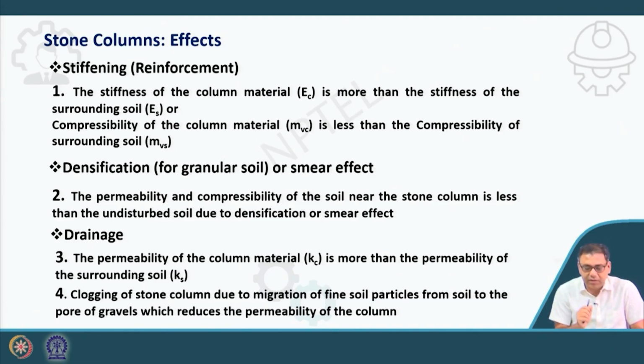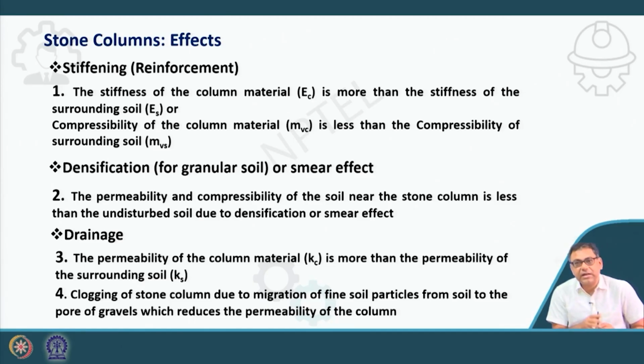The stiffness of the stone column is more than the stiffness of the soil, or the compressibility of the stone column is less than the compressibility of the soil. Due to the densification effect, the permeability and compressibility of the soil near the stone column is less than the undisturbed soil, which is called the smear effect.